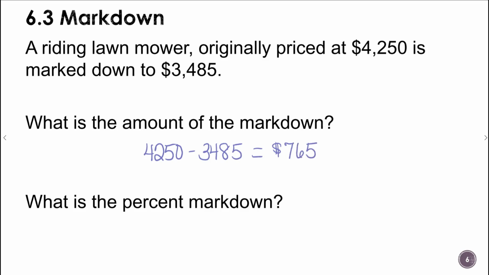And then to find the percent of the markdown, we're simply going to divide the amount of the markdown, 765, by the original price. Remember, it's always the original number we divide by when we're talking about percent markdown or decrease or increase. And so this ends up as 18%. There were no extra decimals to round or anything on this one.